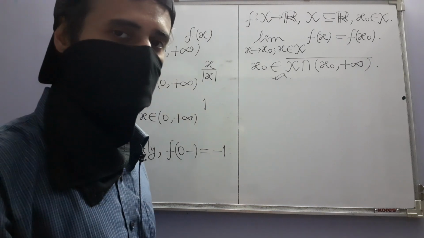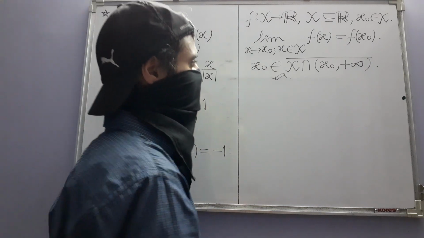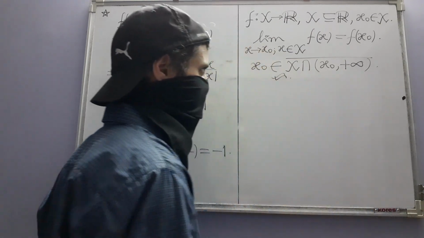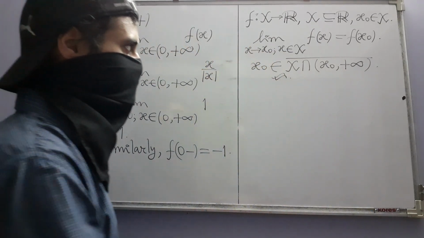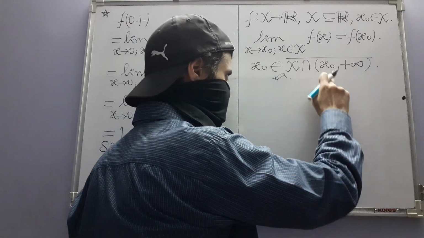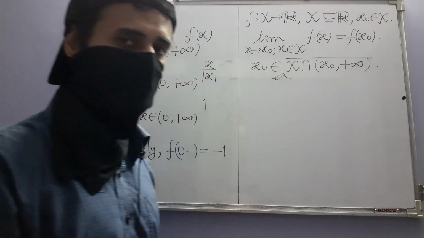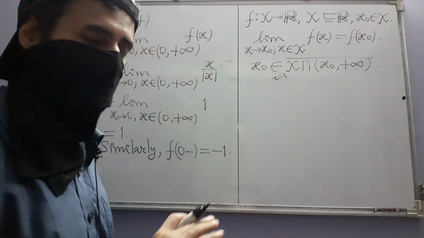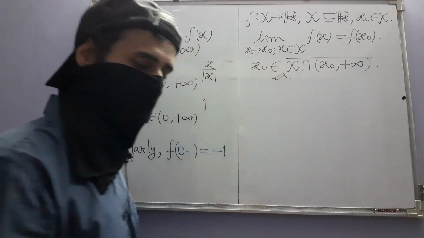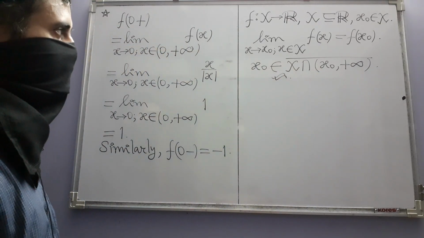That is, x naught belongs to the closure of X, and also x naught is an adherent point of this interval, because the closure of this interval is the interval closed x naught comma open infinity. From these two pieces of information, you will be able to show that yes, x naught belongs to this closure as well.